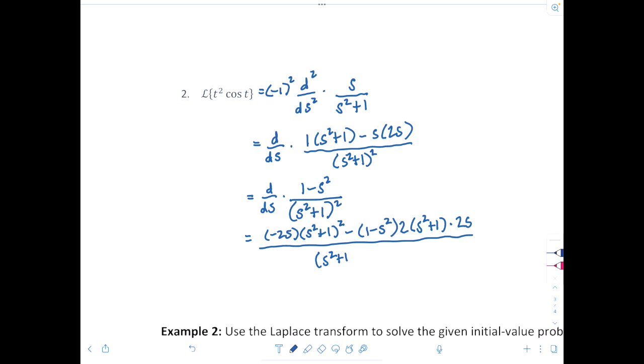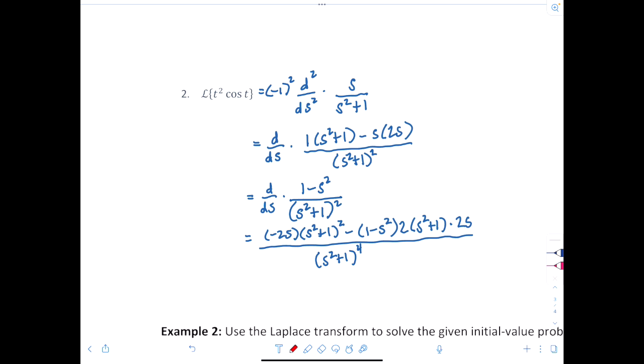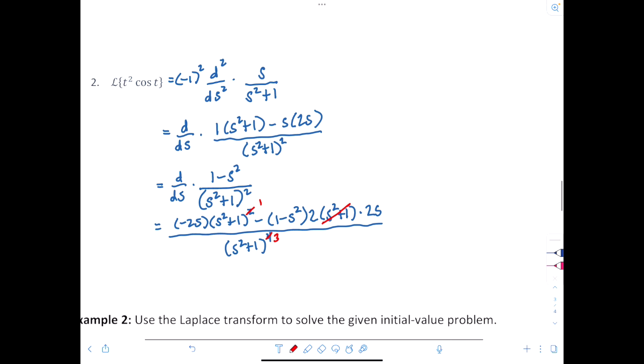So we'll have s squared plus 1 squared is to the fourth power. Now let's simplify this a bit. We can take out one factor of s squared plus 1 from each, which will make it a little bit easier to deal with the simplification.